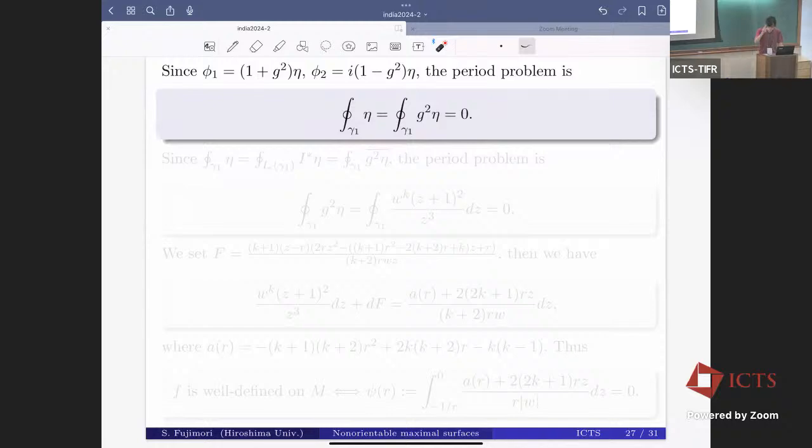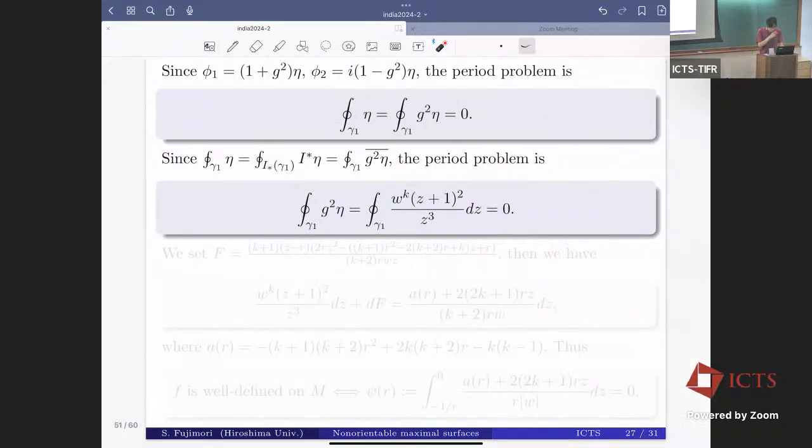So 2 complex equations. And we have this holds: the integral of eta over gamma 1 is that over I star gamma 1 of I star eta. And as I mentioned before, this becomes the conjugate of g squared eta.